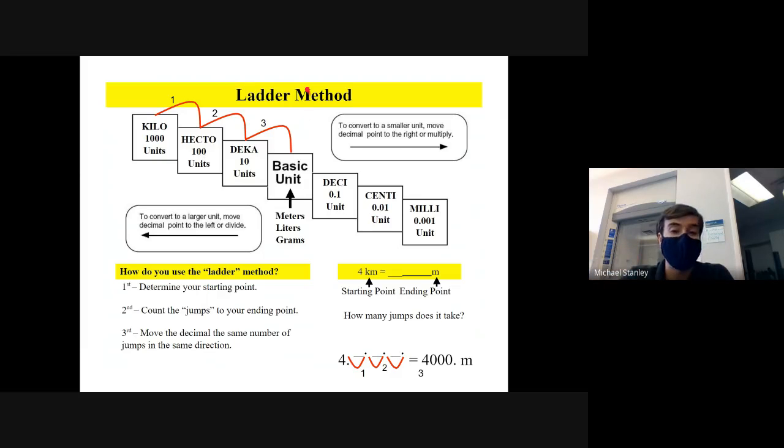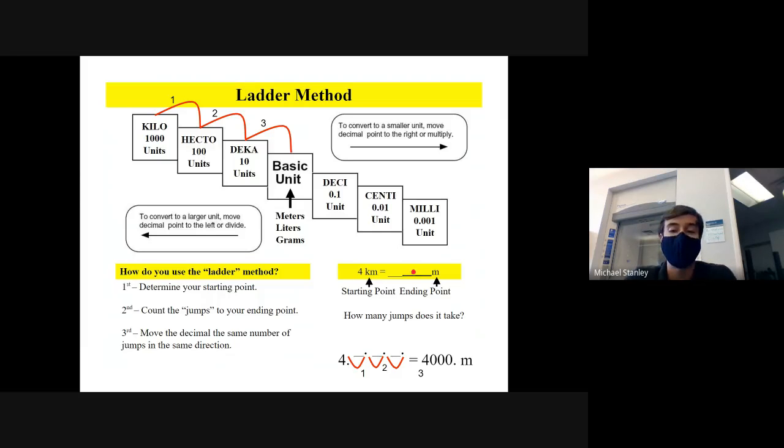So the way that the ladder method works, the first thing that you have to do is determine your start and end points. Where are you going to start and where are you going to end? So let's say, for example, I had something that was 4 kilometers. I measured a distance of 4 kilometers. And I want to know how much is that in meters?